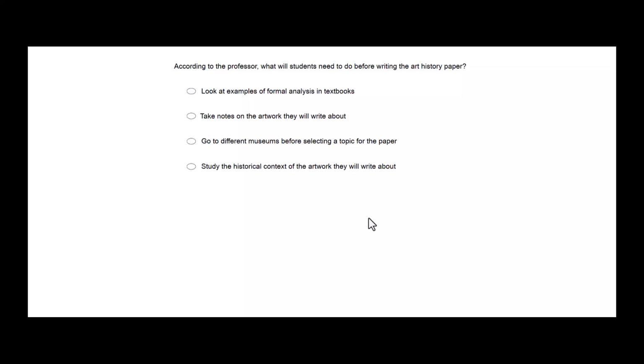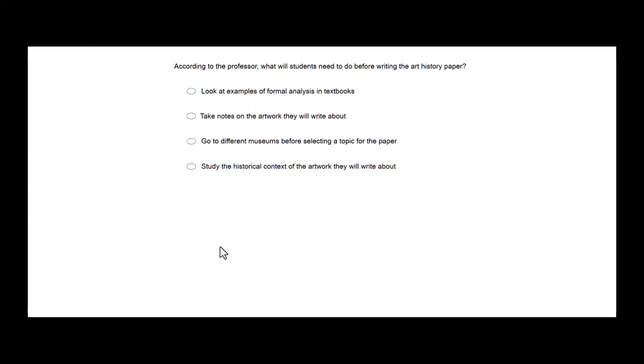It has not been mentioned in the lecture, and according to what we inferred from the professor, we understood that all students will go to just one museum, because in the first minutes of the lecture, the professor mentions that I don't want you to just drop by the museum, and the article 'the' before museum means that students will visit only one museum. So again, this option is clearly rejected.